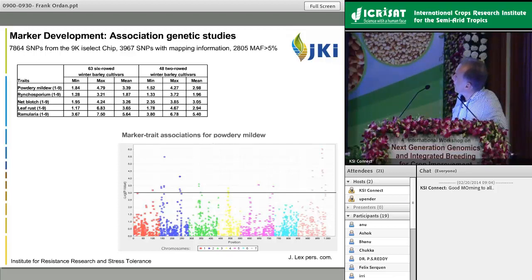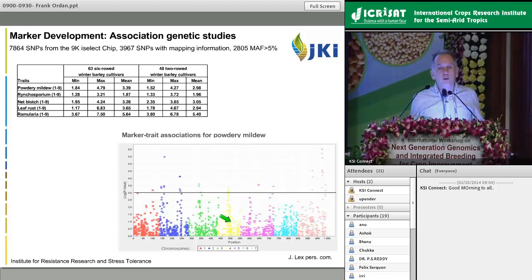using association genetic studies. And I will not talk about this very much, but you see here in a set of German winter barley cultivars phenotyped for powdery mildew resistance at 12 locations over 3 years, we found several marker trait associations involved in powdery mildew resistance, and for example, most likely the one here on chromosome 4H is the MLG locus.